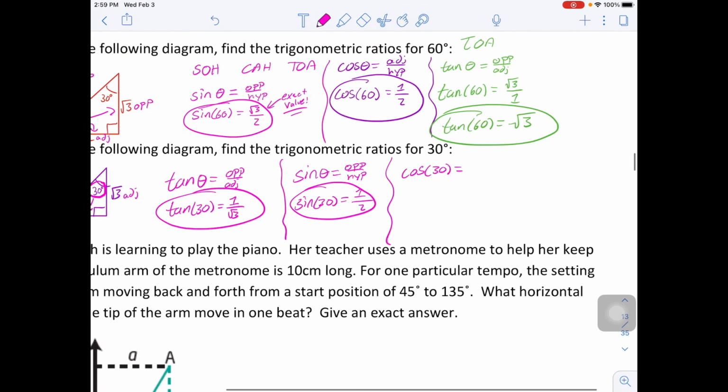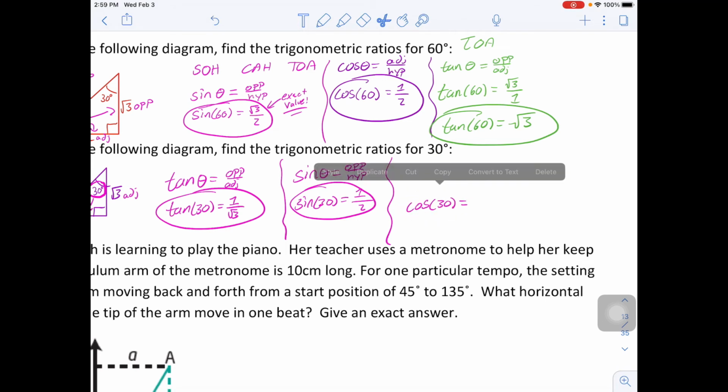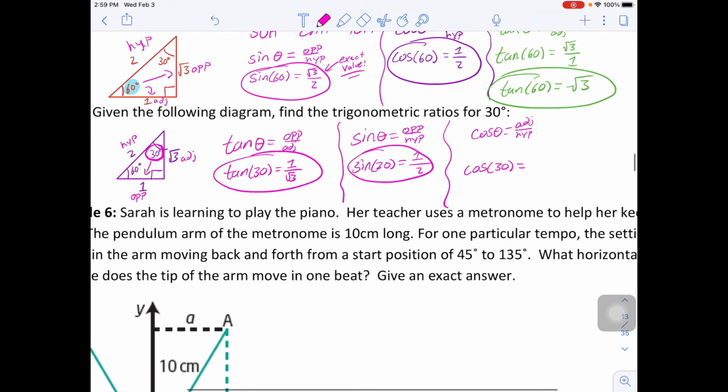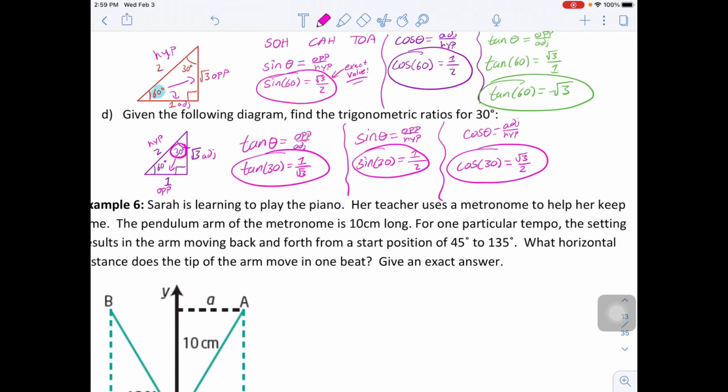Well, I guess we should mention what cos is first. We should know now that cos angle equals adjacent, CAH, over hypotenuse. So my adjacent to 30 is root 3 over hypotenuse, which is 2. So there is cos 30, root 3 over 2. So there are all your ratios.